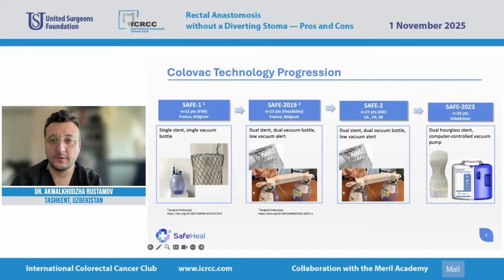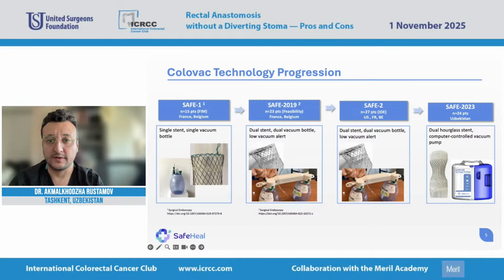Before explaining the new Colovac 2 system in detail, let's take a quick look at how the technology has evolved over time. The Colovac concept has gone through several generations, each iteration addressing the key limitations of the previous one. It started with the first in-man study, SAFE-1, in France and Belgium, a single stent connected to a manual vacuum bottle.